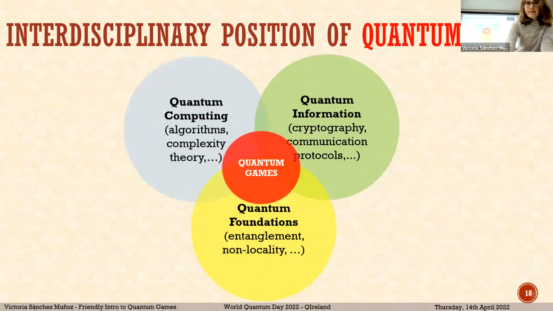And this field overlaps with other maybe more known or more famous fields, which are quantum computing, quantum information, and quantum foundations of the quantum theory. So yeah, quantum games is kind of in the middle between all of them.